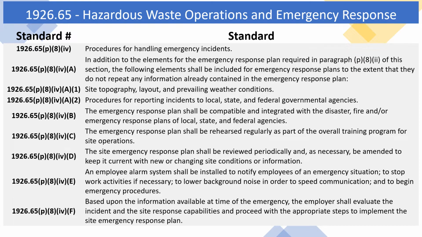1926.65 P8-4, Procedures for handling emergency incidents. P8-4A. In addition to the elements for the emergency response plan required in paragraph P8-2 of this section, the following elements shall be included for emergency response plans to the extent that they do not repeat any information already contained in the emergency response plan.